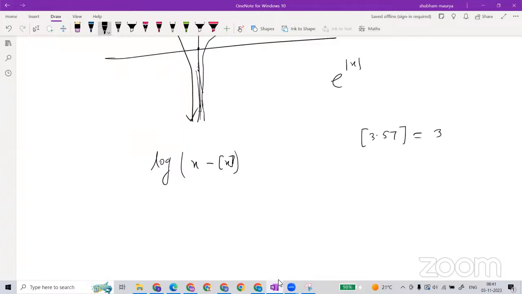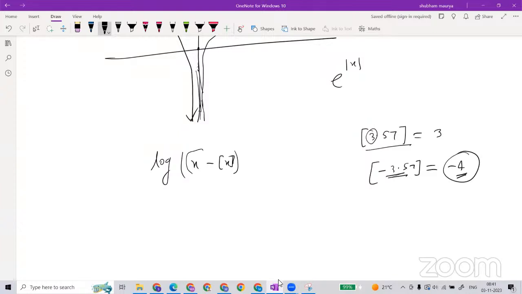And if it is minus 3.57, the value is minus 4, the greatest integer less than or equal to the number. On the negative side it goes down by 1, and on the positive side it is exactly the integer part. This is the greatest integer function.